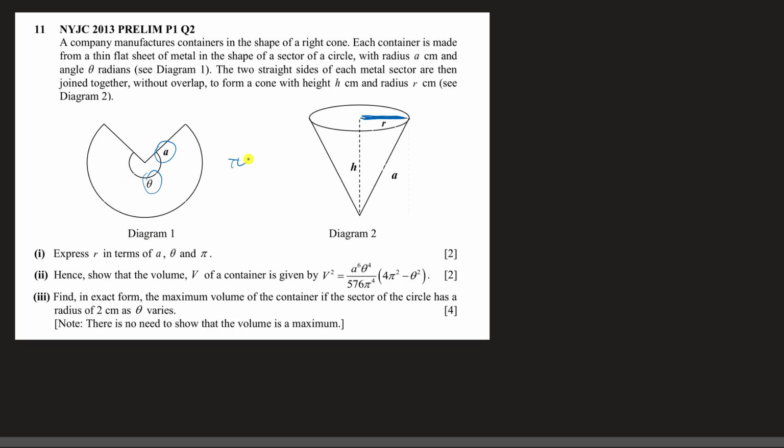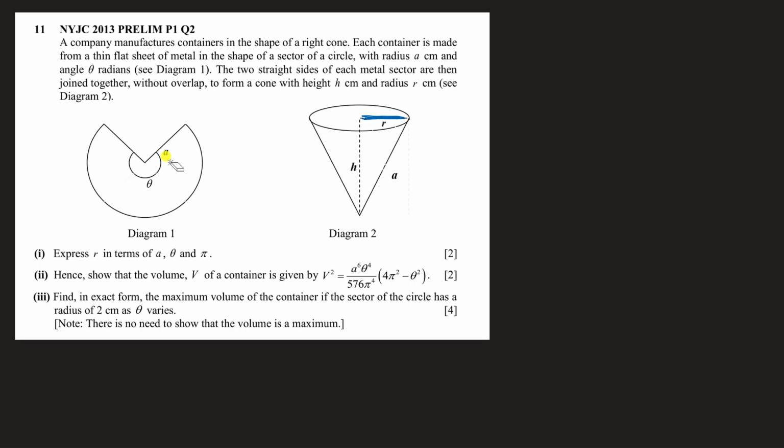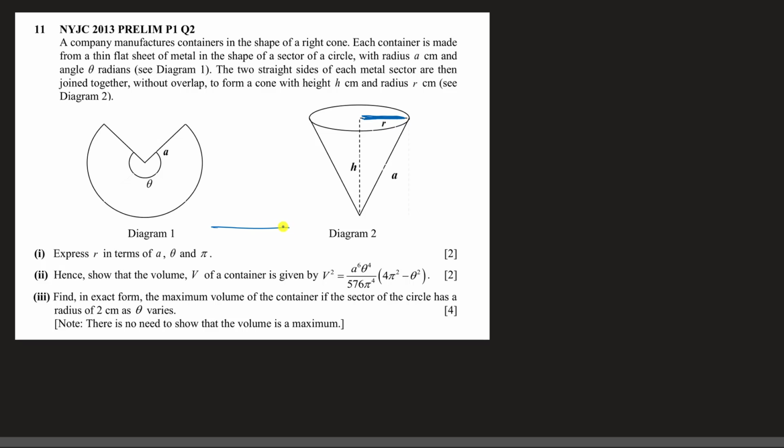Point to take note: there is no h here, even though you see h here, so it's probably unrelated. Your job is just to make use of this and find some way to link it up to r. I hope you remember your Sec 3 E-Math sector formulas, because let's find some similarity between these two diagrams, meaning what translates to what from diagram 1 to diagram 2.